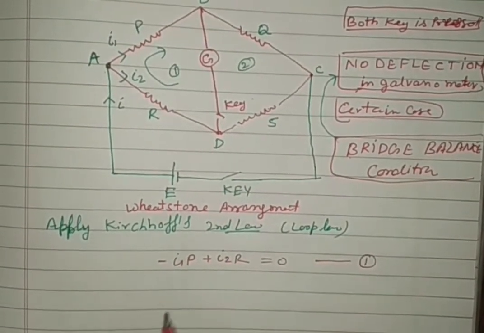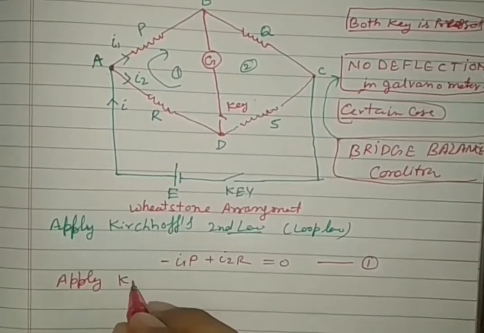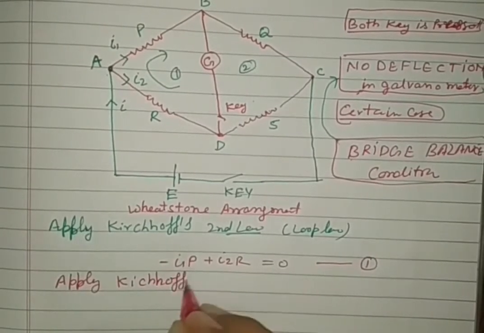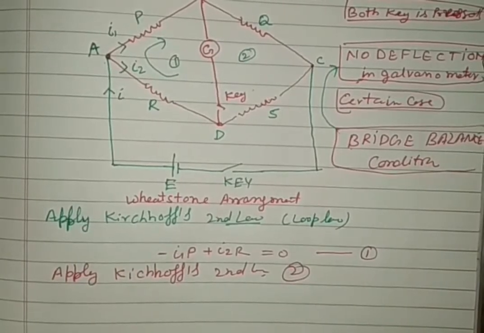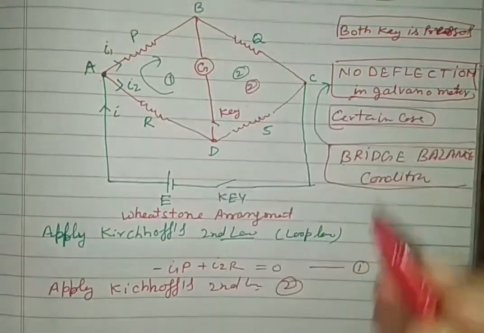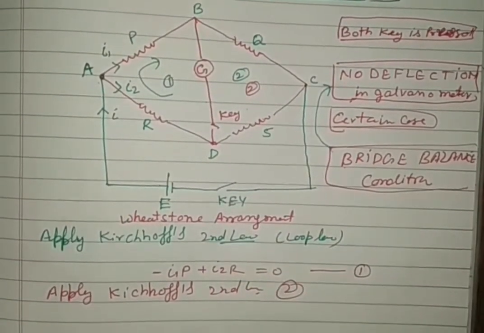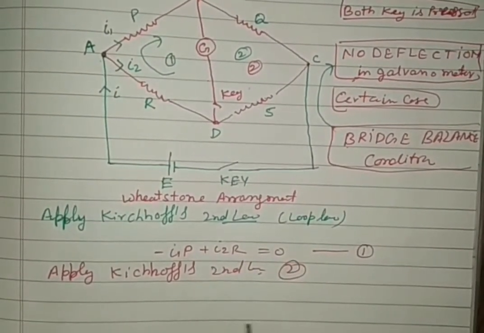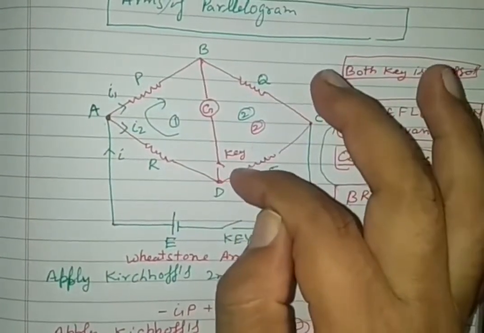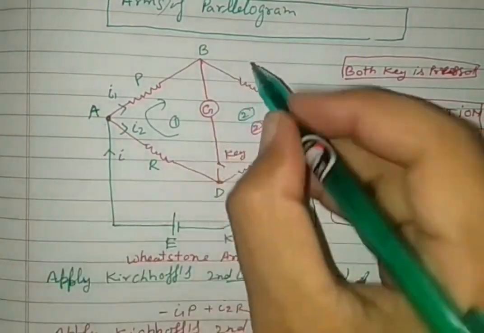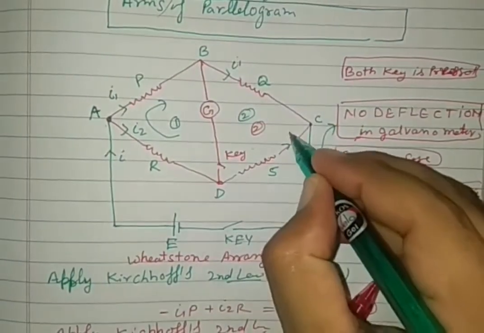Now apply Kirchhoff's second law in loop 2. When we apply it, see here, if no current is flowing through the diagonal where the galvanometer is connected, then the same current I1 will be here and I2 will be here.